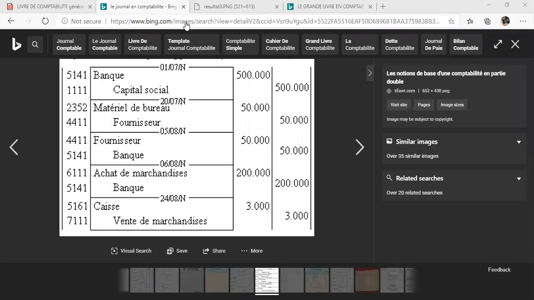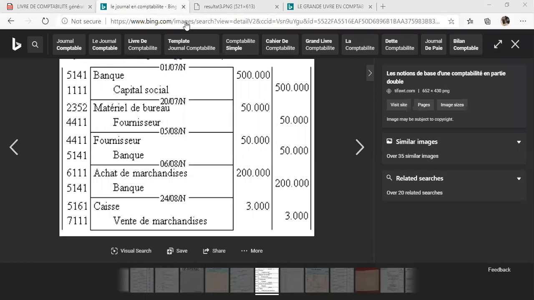Okay, so we're going to look at the characteristics of a journal. Firstly, it says: pour chaque écriture, le total des montants de débit doit être égal au total des montants de crédit. So both sides are supposed to be equal. That's in their nature.